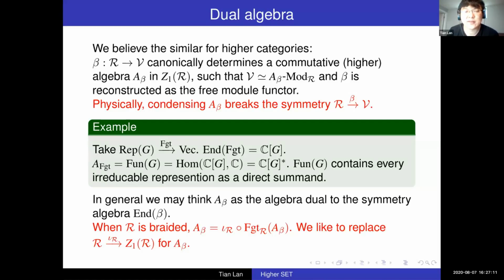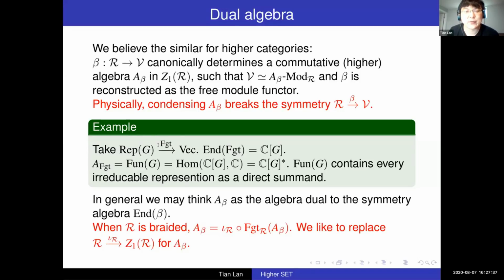So physically speaking, this A_beta is just something to condense. If you condense A_beta, you break the symmetry. That's basically it: beta is the symmetry breaking process, and A_beta is the thing you condense. A simple example: take the zero-form symmetry, no matter what dimension.